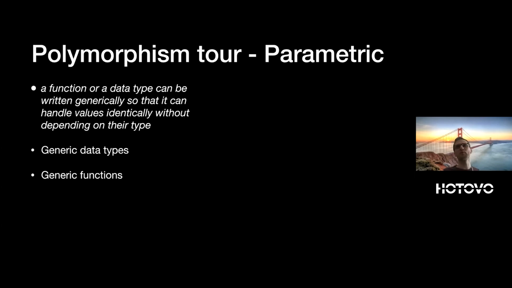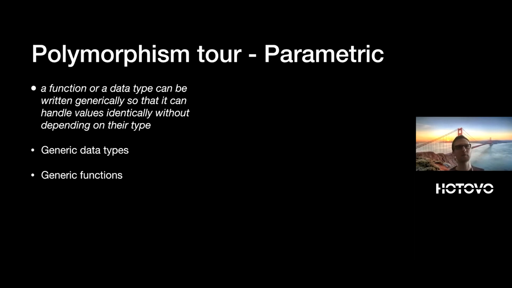The second type of polymorphism is parametric polymorphism, and it's a function or a data type that can be written generically so that it can handle values identically without depending on their type. Now, the important fact here is that it can handle any type, not just a subset of types, but any type. So this is what's behind parametric polymorphism.